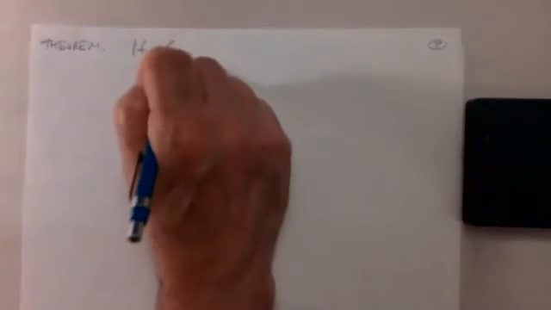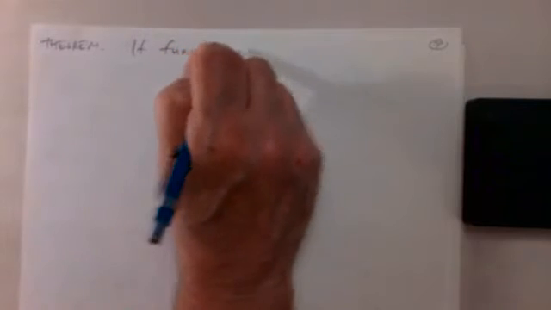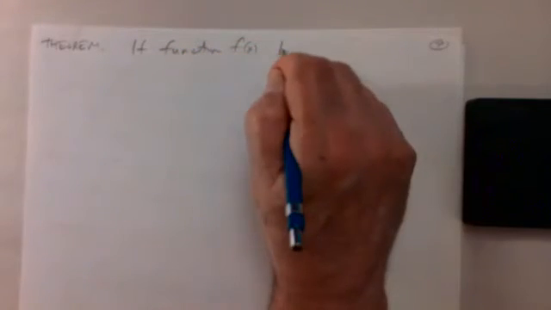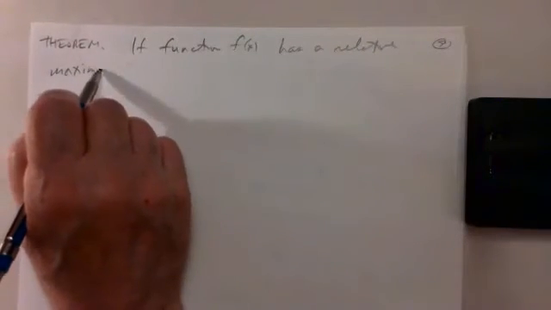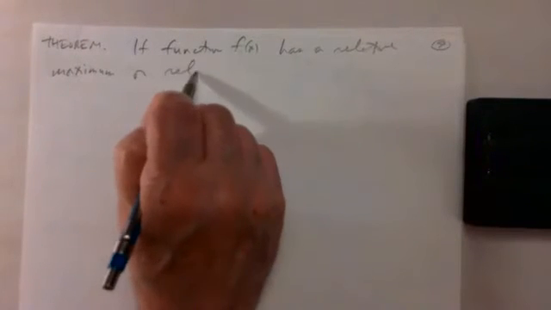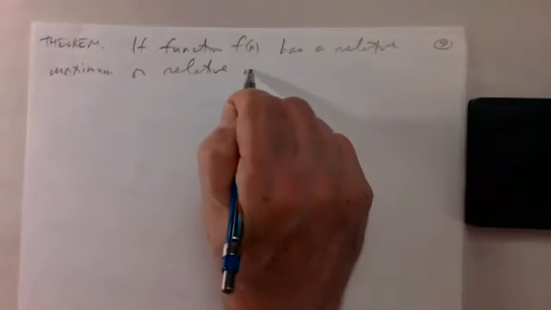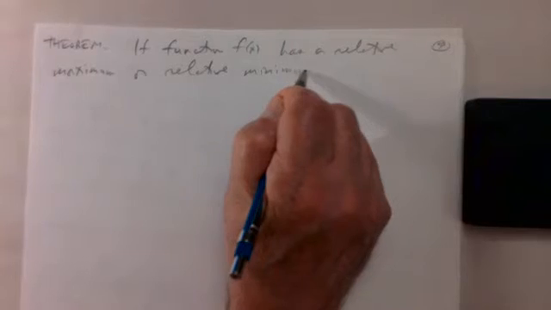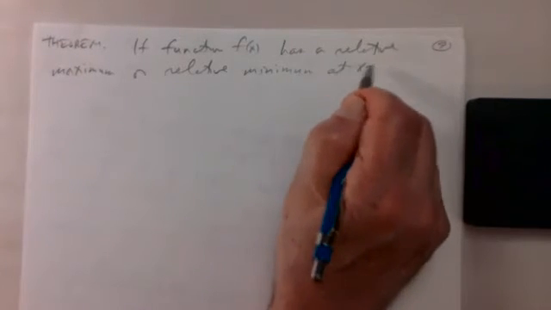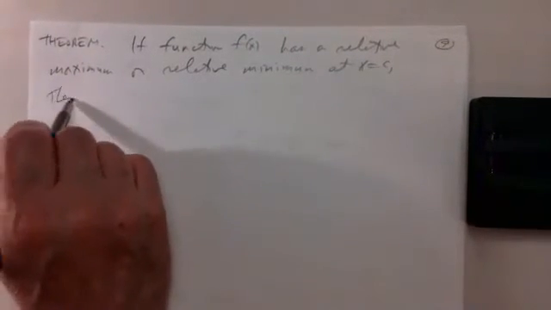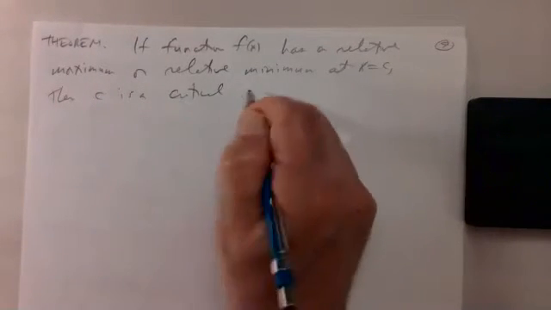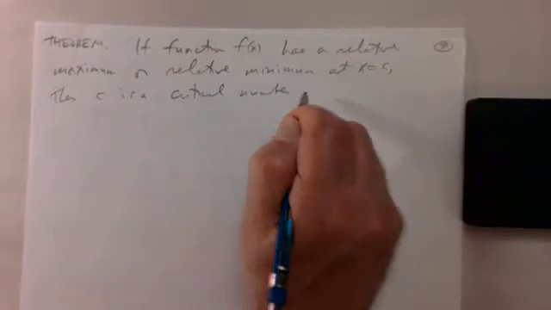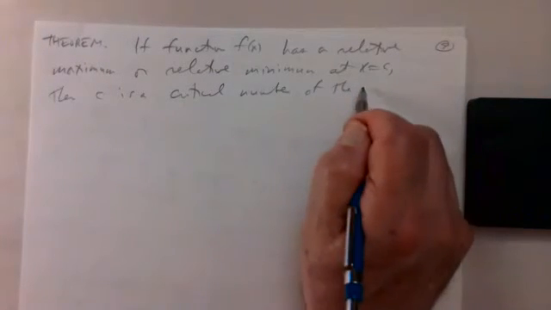If the function f of x has a relative maximum or a relative minimum at x equals c, then c is a critical number of the function.